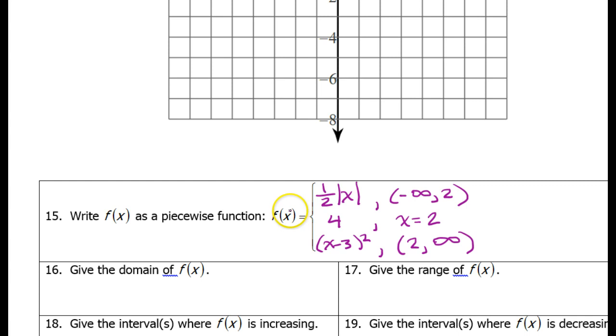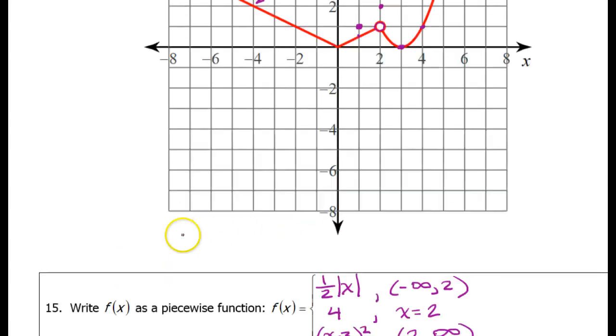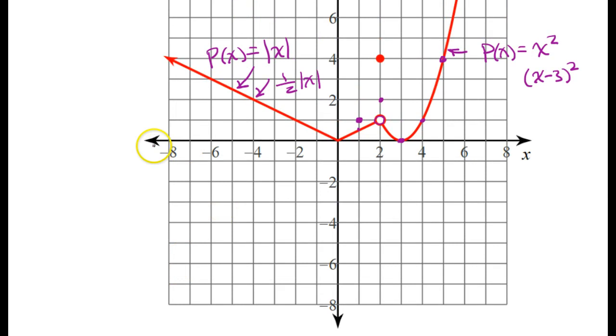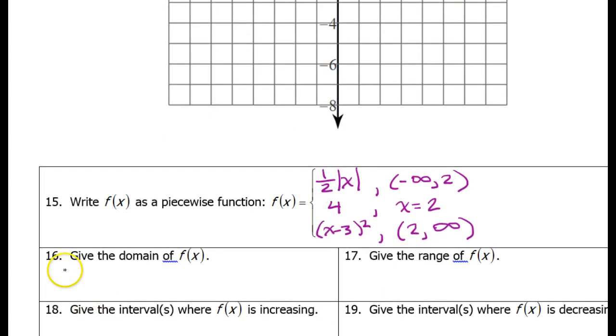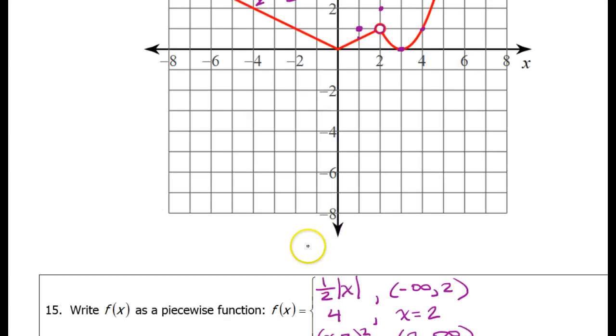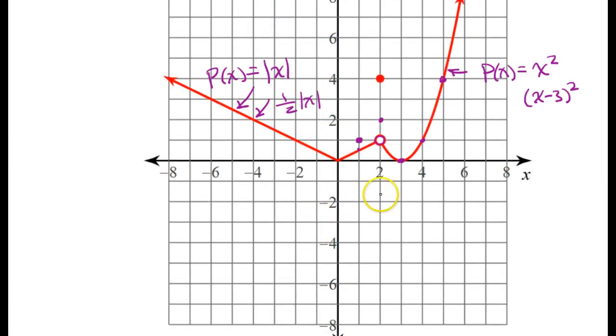So that is it for the piecewise function. What's the domain of the function? Well, I think it's going to be -infinity to positive infinity. Every x value is covered, including 2 being covered by that dot. So the domain is from -infinity to positive infinity. What about the range? The range goes from 0 to infinity.